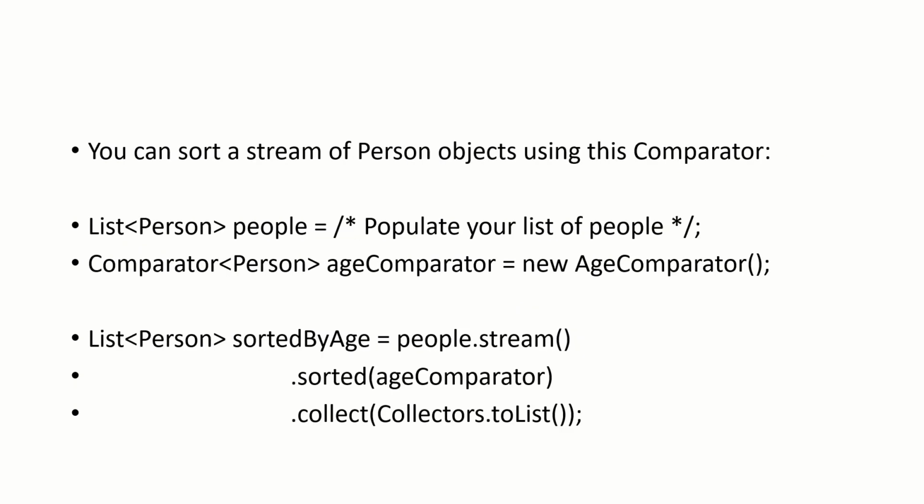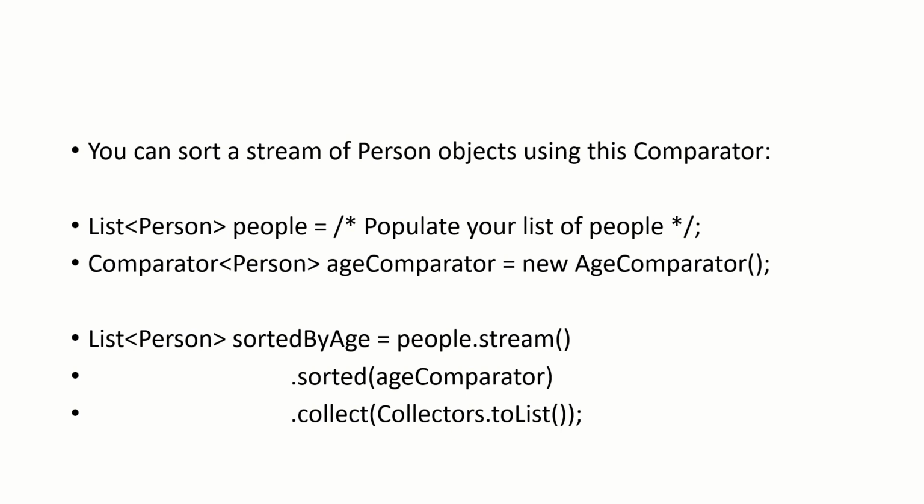Now how can we use this comparator in the Stream API? Let's say you have the list of those persons and you have the custom comparator with you. You convert the list into a stream, and then use the sorted method. In the case of comparable, you don't have to pass anything in the sorted method because it is automatically doing the natural sorting.